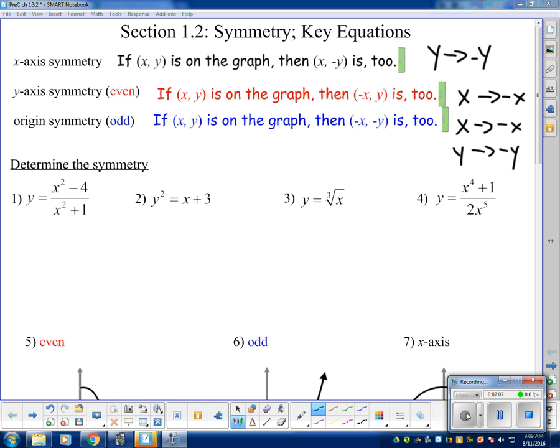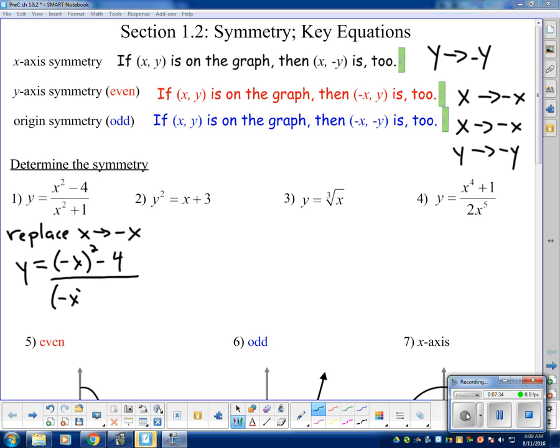Because when I plug in negative x for x here, I'm just going to get a positive x squared. So just write on there, replace x with negative x, and we have y equals negative x squared minus 4. So really what I'm doing is a proof. I'm looking at this saying it looks like it's even, or y-axis symmetric, and I'm plugging in.